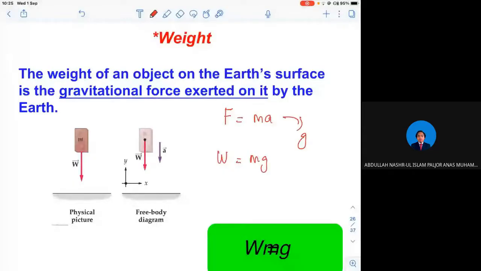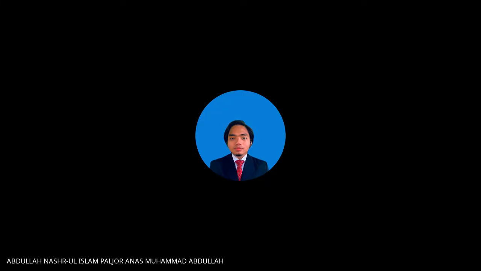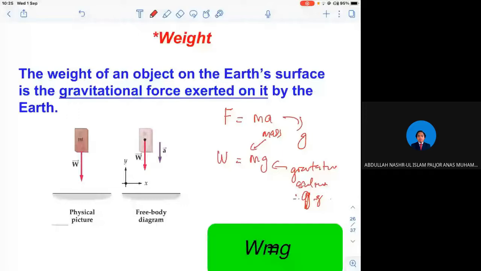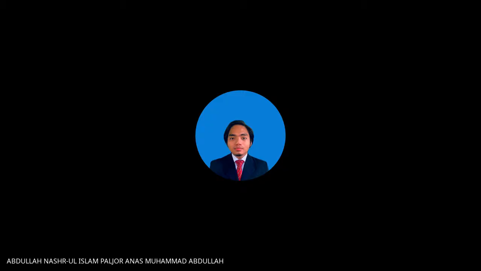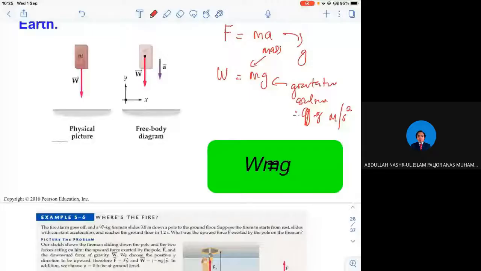In this case, g is 9.8. So this is your mass, and this is your gravitational acceleration, to be precise, 9.8 meters per second squared. So the formula for weight is W equals mg.